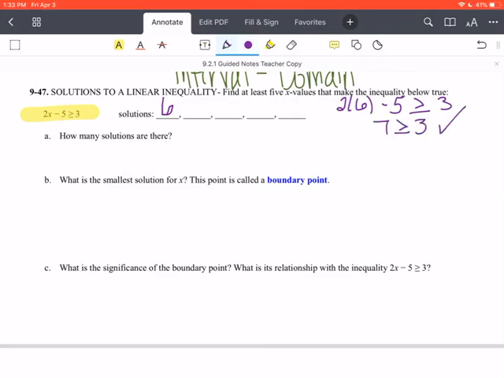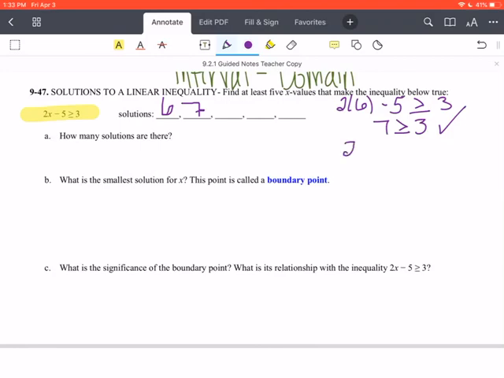Yes, it is, so 6 is a solution. Now we could say 7 is probably going to work because I'd have 14 minus 5. 8's going to work because then I'd have 16 minus 5, and that number would just keep getting bigger and bigger. But my question is, does anything lower than 6 work?